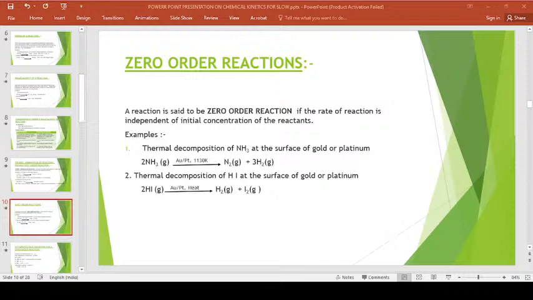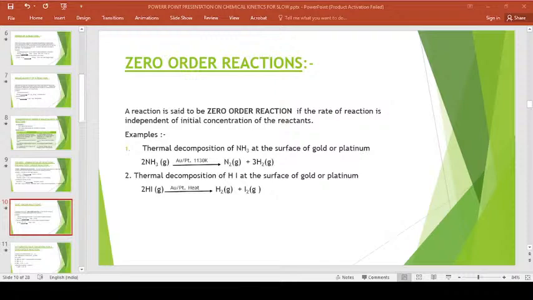As you know, the simple integrated rate equation is k equal to 2.303 divided by t, log of R naught by R. So if we consider only the dimension or unit, it will remain only time inverse, because 2.303 is a number, R naught is concentration, and R is also concentration, and the concentrations cancel and give a number, and taking the log will also give another number.